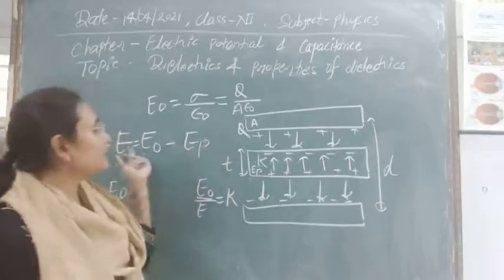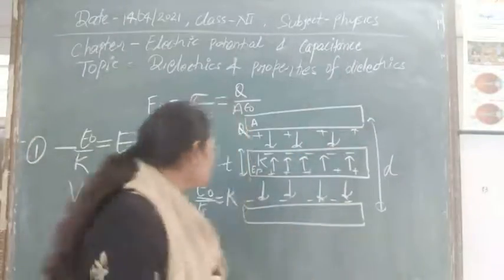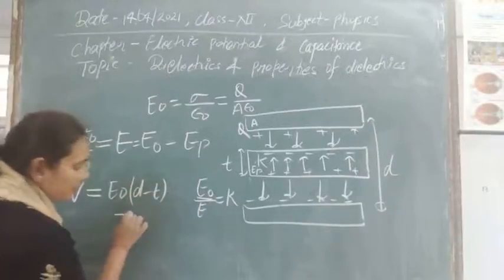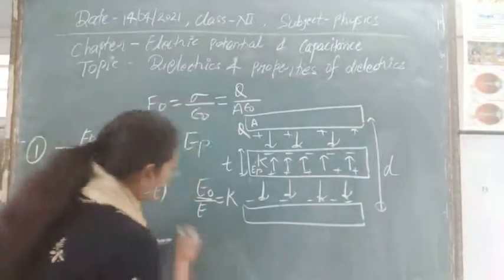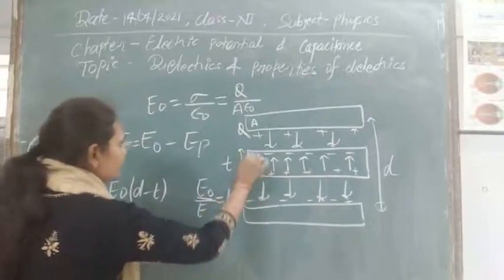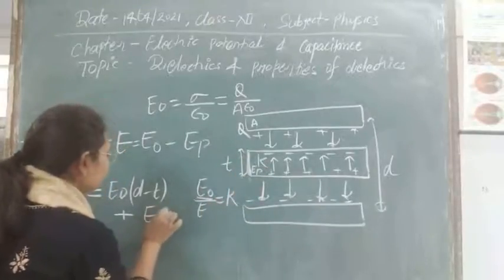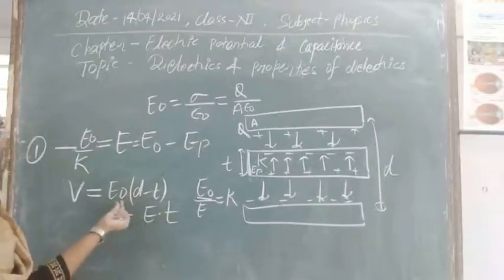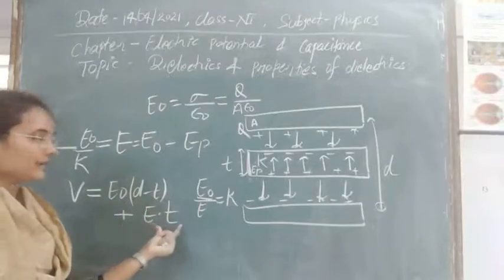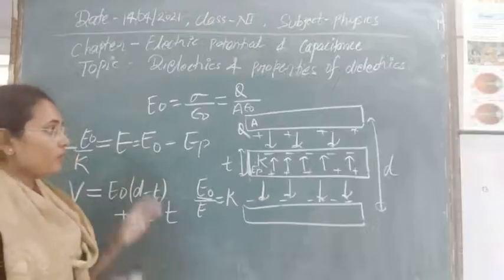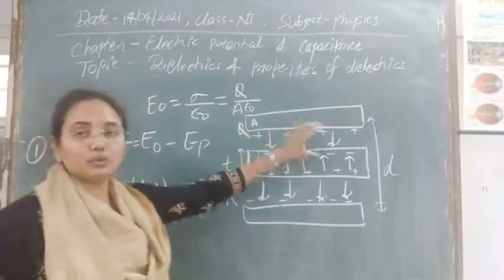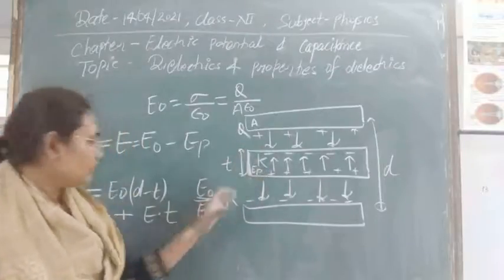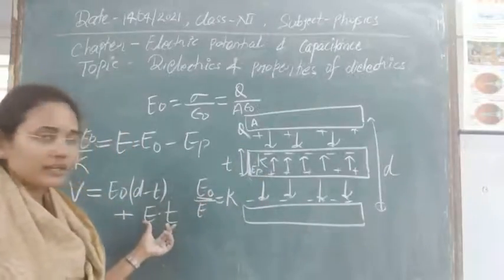So the potential will be E0 into d minus t, plus, in the dielectric slab, the potential generated is E into t.